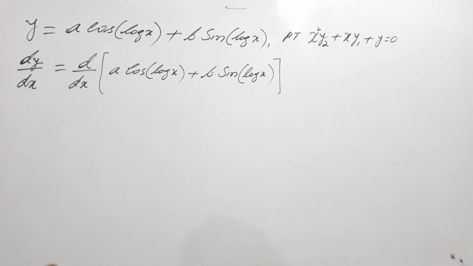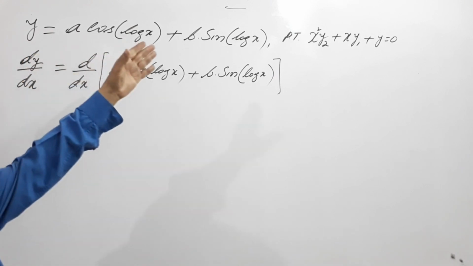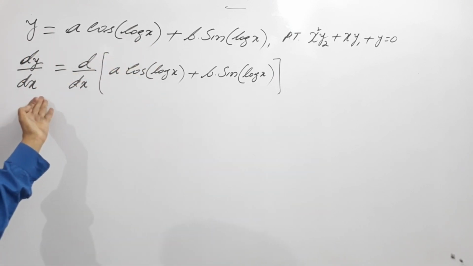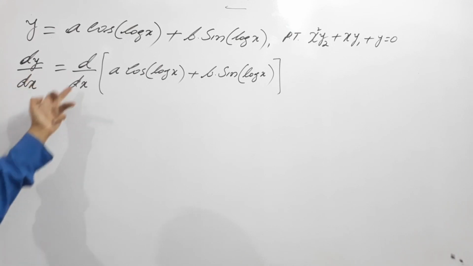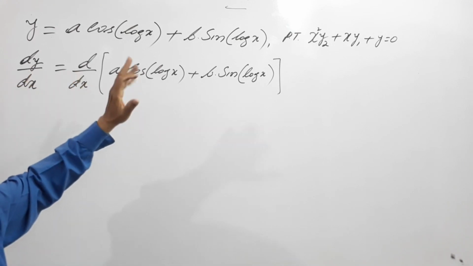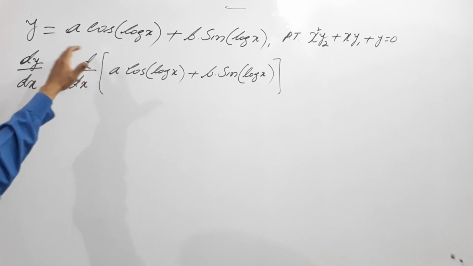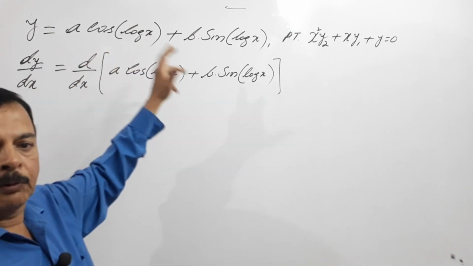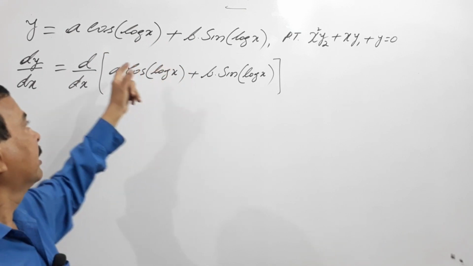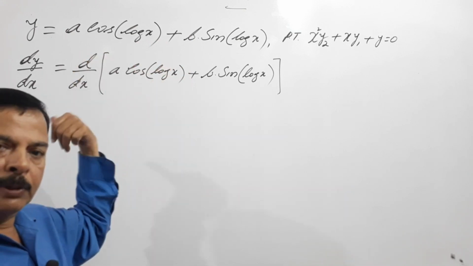Dear students, I have not written differentiation with respect to x because it is understood here. The moment you write d by dx, it means you are differentiating with respect to x. In the examination you can start straight away like this, but it's better to write differentiating with respect to x. Since I have already missed it, please add it on.